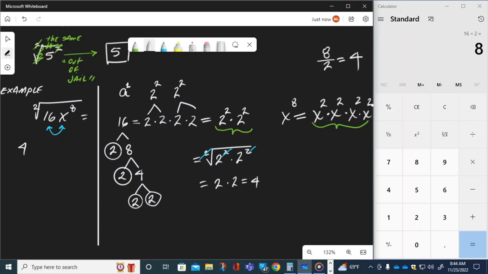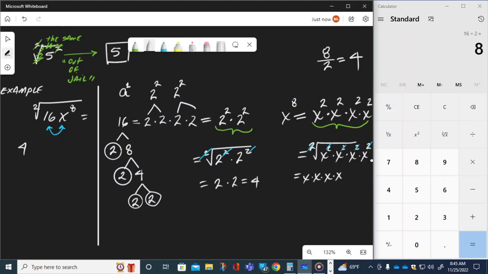Now you got to do the same with these guys. The square root, remember there's a 2 here. x to the power of 2 times x to the power of 2 times x to the power of 2 times x to the power of 2. So all these guys have the right key, so all these guys get to go out of jail. So this here is equal to x times x times x times x.